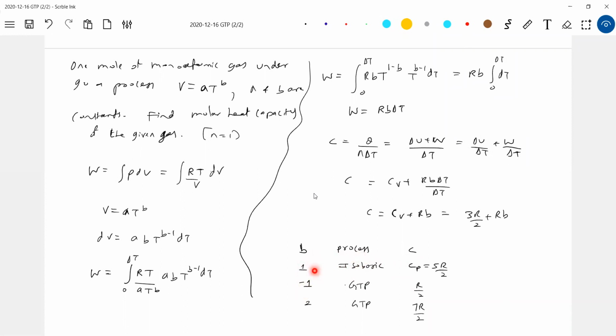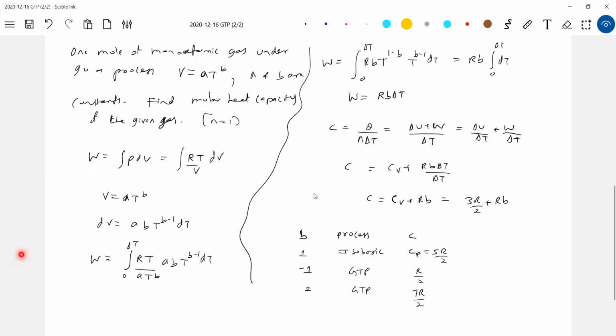Getting the idea? So what will the engineer do? He will design a machine which will control the value of B, and he can make the gas undergo any process. He can perform most of the operations with the help of gas. Will the gas choose what process it will undergo, or will the engineer choose? If you say the gas will choose, okay, we'll stop thermodynamics.